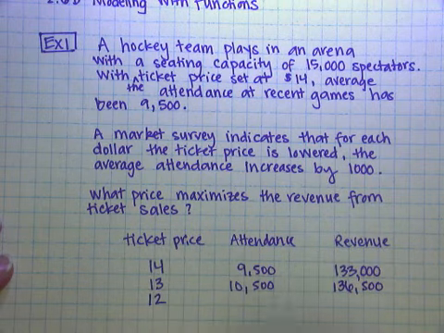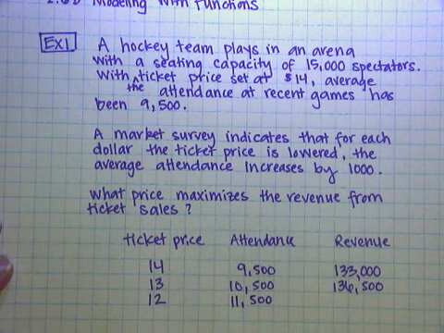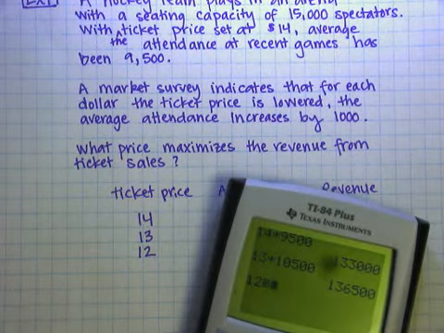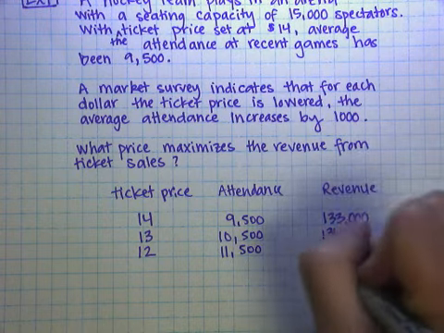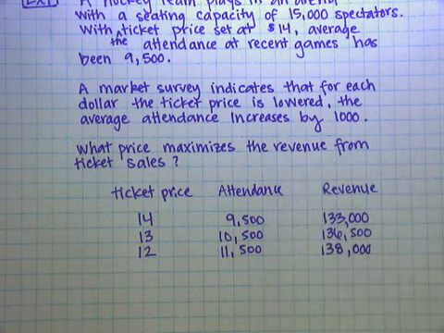And I could lower it another dollar. That's going to mean that 11,500 people are going to show up, or hopefully going to show up. And that means I'm going to make $138,000.